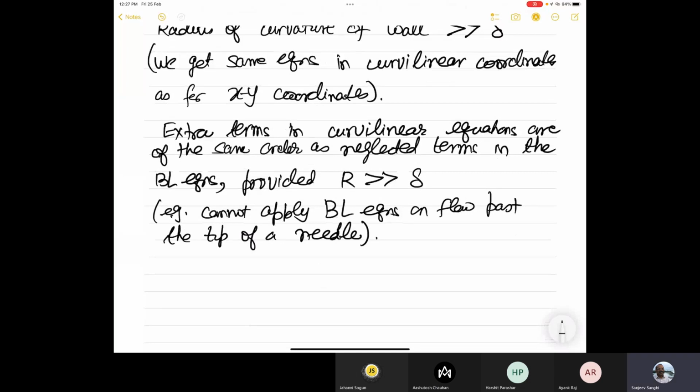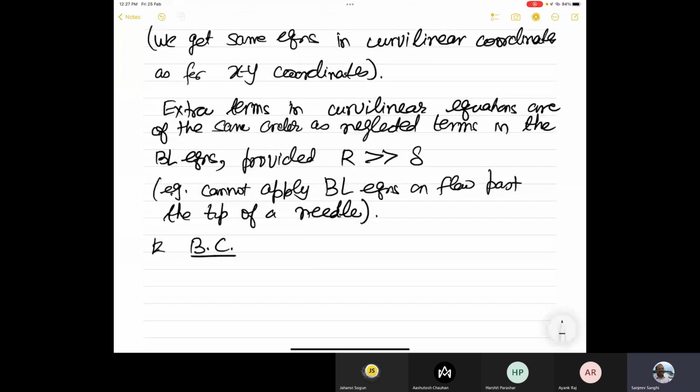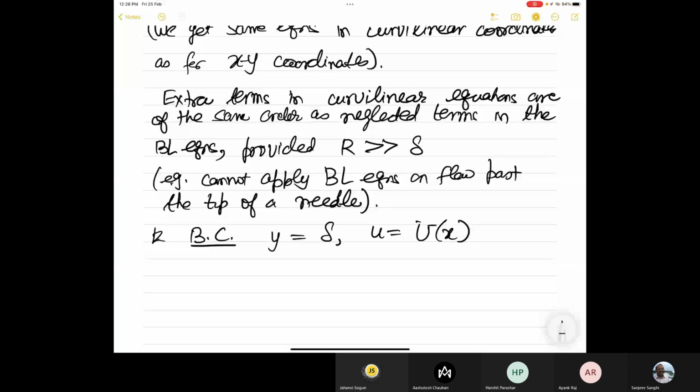Now, if you look at the boundary conditions, let's look at the boundary conditions. The boundary condition we have said is at y is equal to delta, u is equal to capital U of x. But here there is a problem. Can anyone tell me what is the problem in writing the boundary condition like this? If I use this boundary condition, y is equal to delta, u is equal to capital U of x, I'm claiming there is a problem. Can anyone tell me what the problem is?